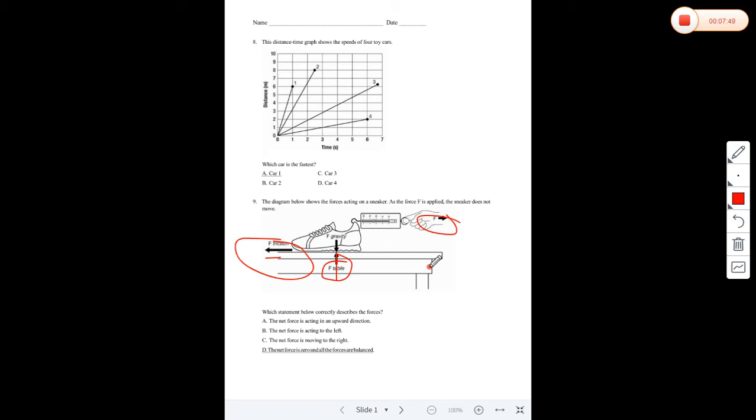So maybe you can't move if the forces are similar or equal. So the sneaker doesn't move because the net force equals 0. The forces are balanced or equal, so each force cancels the effect of the other force. So the answer will be letter D.